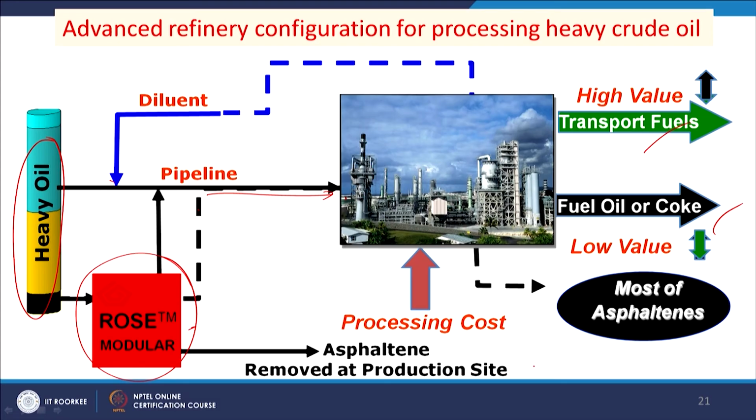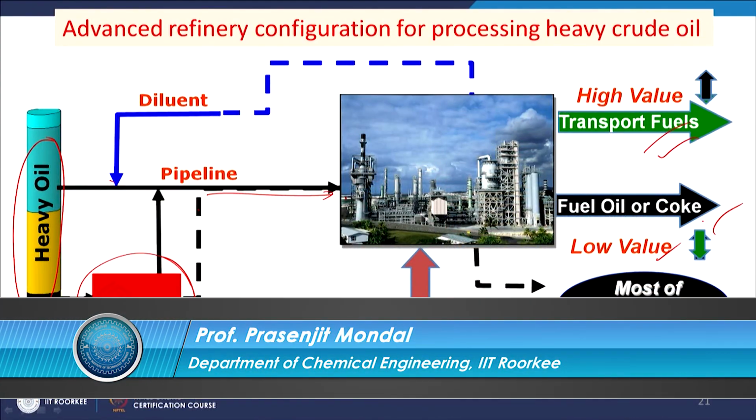In that way we are able to remove the asphaltenes on the product side. So, the load or excess burden on the refinery side is reduced, and the creation of pollution is also reduced by this process.